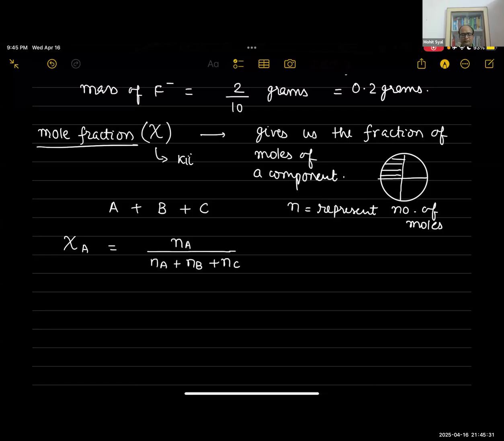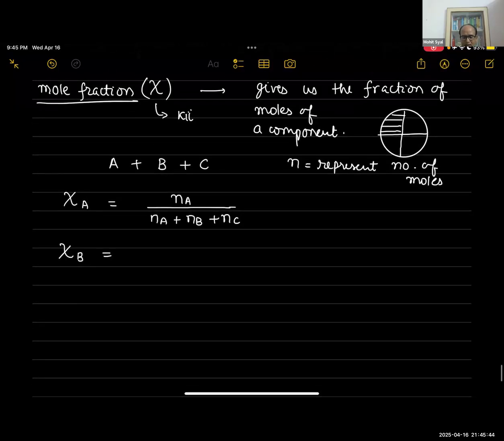Is that clear? Yeah. Similarly, Xb will be the mole fraction of B. And what you're going to write: moles of B divided by total moles.